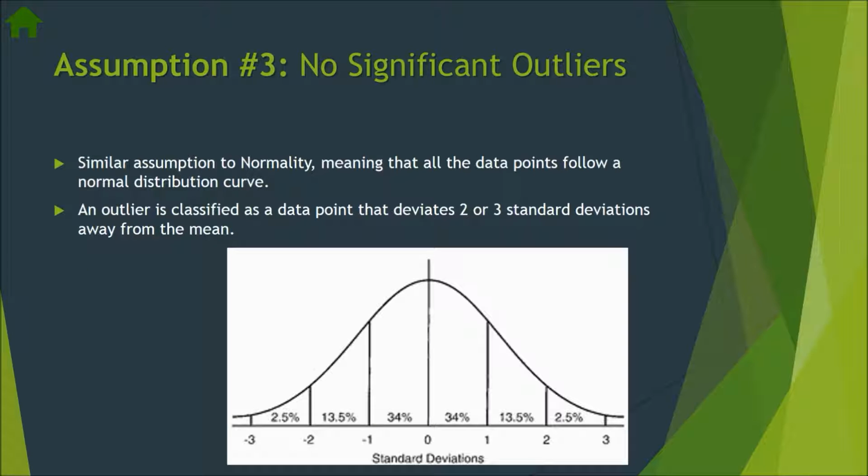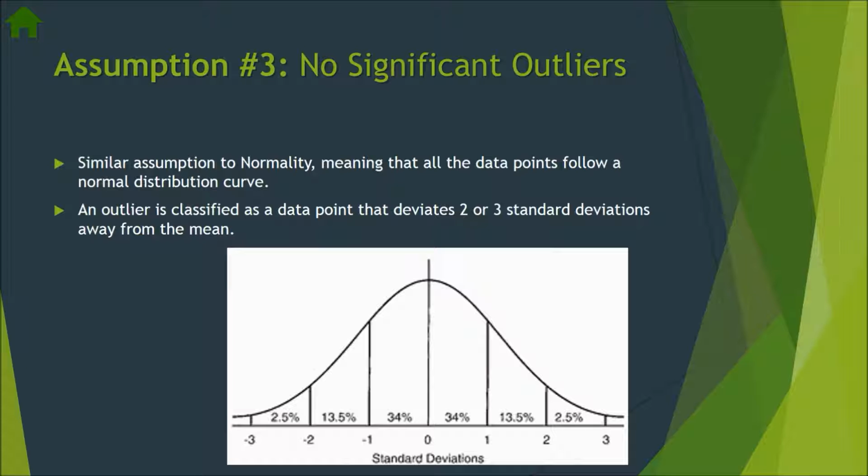So, assumption number 3 is testing that there are no significant outliers. Like any other ANOVA, it's important that the data that we use follow a normal distribution curve. Now, when checking for significant outliers, we're looking for data points that deviate either 2 or 3 standard deviations away from the mean.